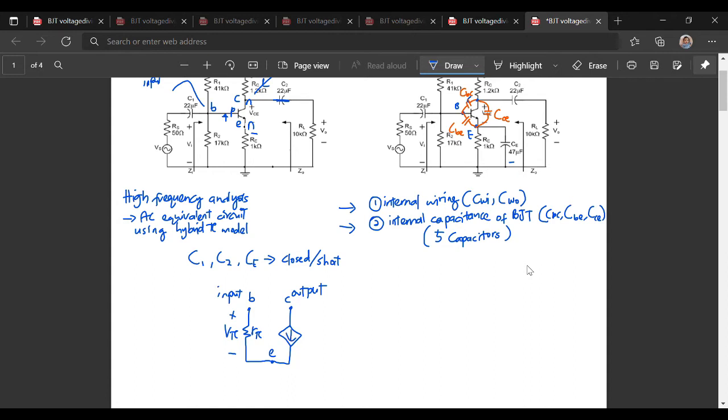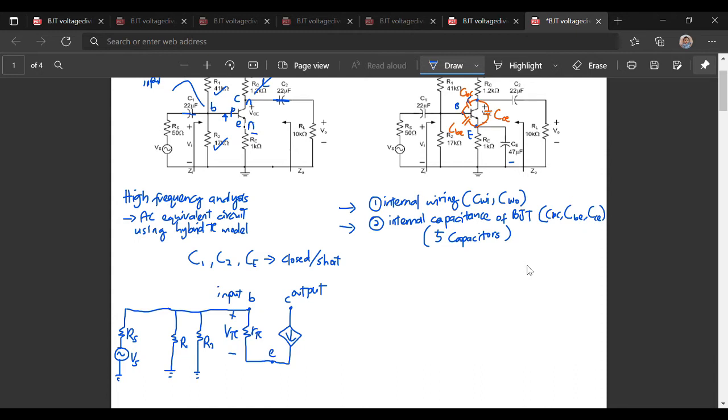Okay, and then we just draw all the components available in the circuit. So here at the input we have R1 and R2. Okay, what else do we have? C1 is a closed circuit, VS, RS.